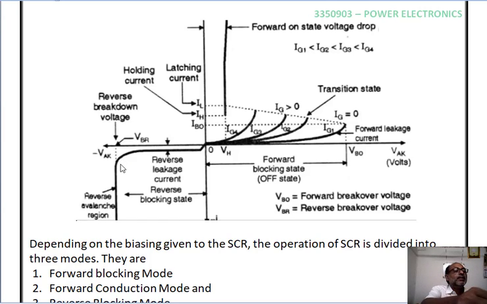So the SCR acts as an open circuit. Now if the reverse voltage applied to the SCR is greater than the reverse breakdown voltage of the SCR, at that time avalanche breakdown occurs at junctions J1 and J3.